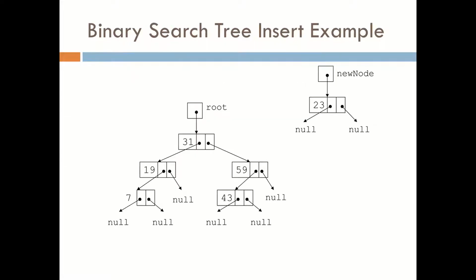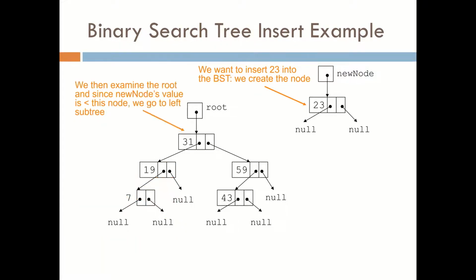So let's look at an example. We have the binary search tree on the left, and we would like to insert value 23 into this tree. We first create a node for 23, and it's being pointed to by new node. And we examine the root.